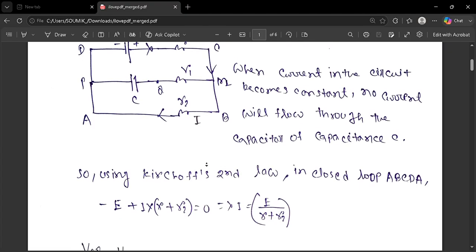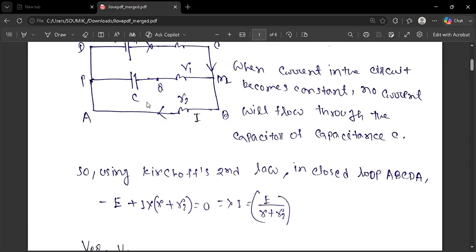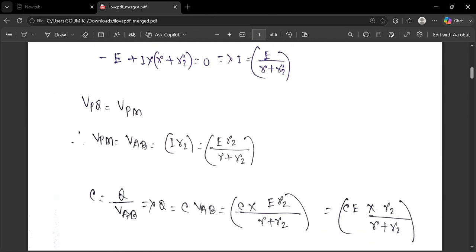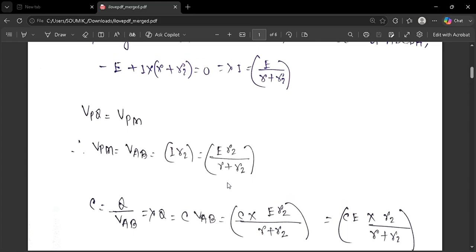So the potential difference between the two plates of the capacitor, VPQ, is equal to VAB, I into R2. Now C is equal to Q by V. From this equation we can find out Q, the charge of the capacitor when current in the circuit becomes constant.